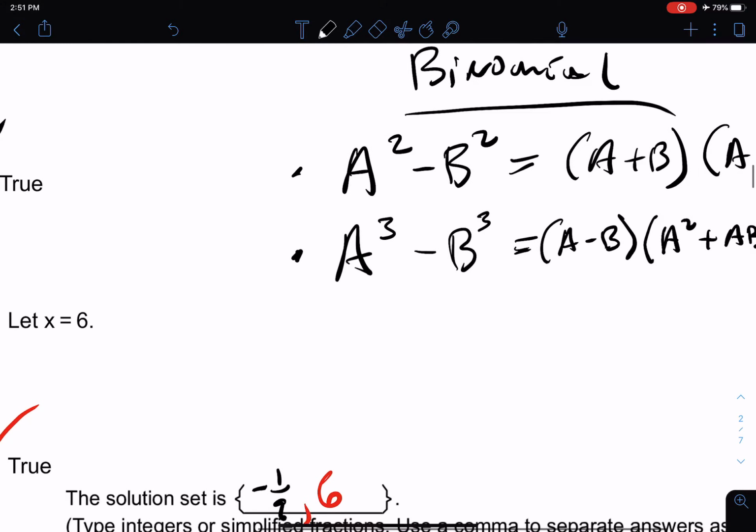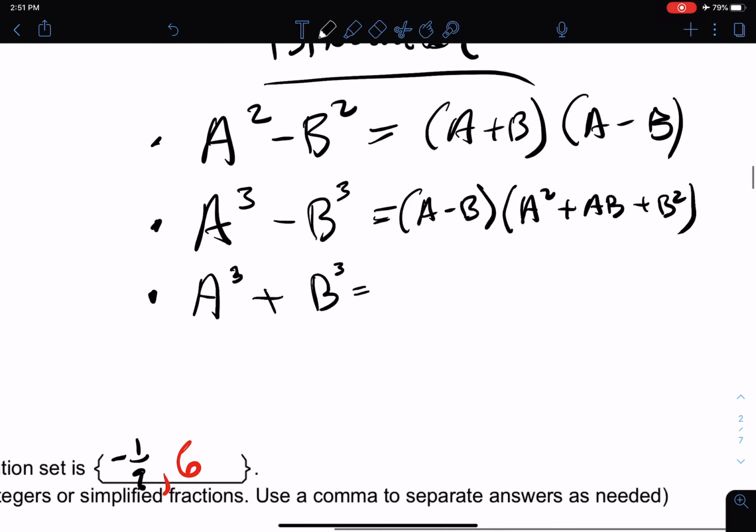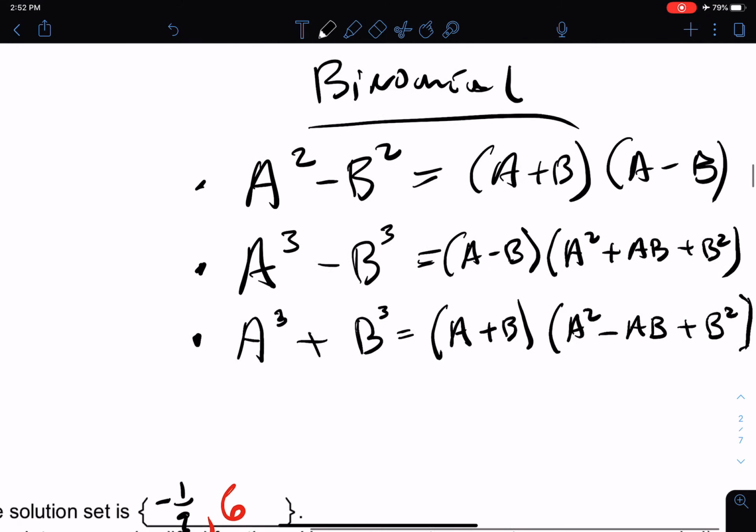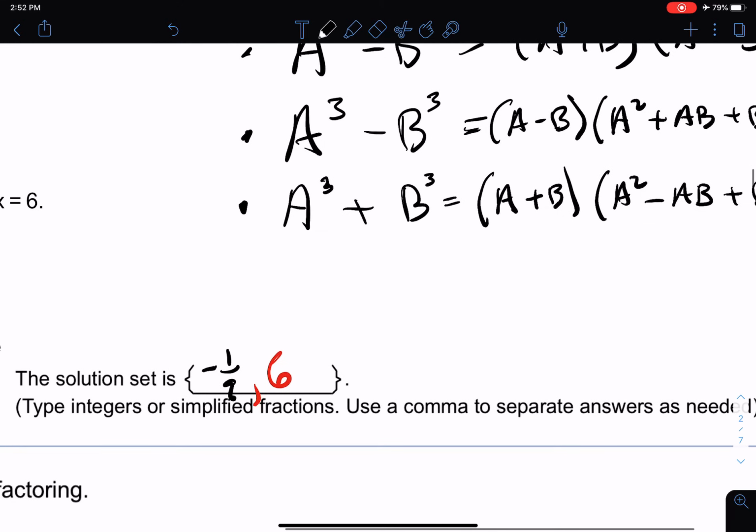And then there's only one other possibility, and that would be a cubed plus b cubed. And if it falls into that pattern, then that'll factor down to a plus b times the quantity a squared minus ab plus b squared. Okay, so we kind of jumped the gun, right? I don't know if it fits in any of those patterns. That was just a review, really.